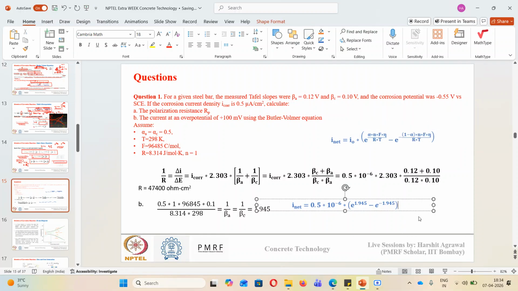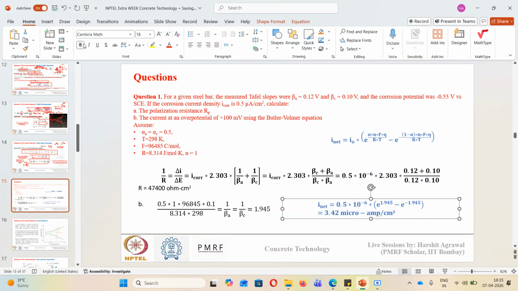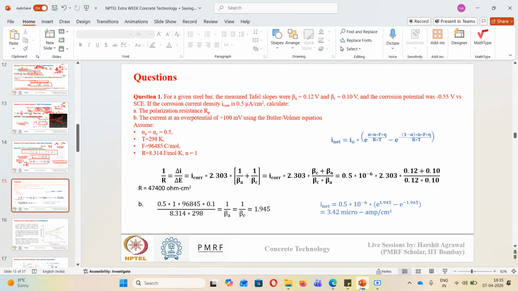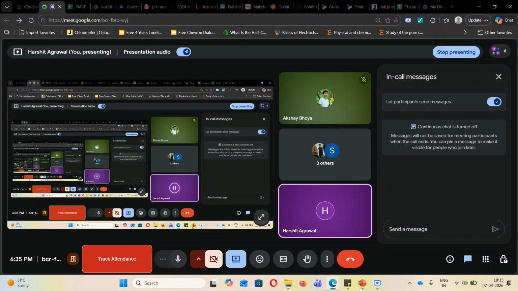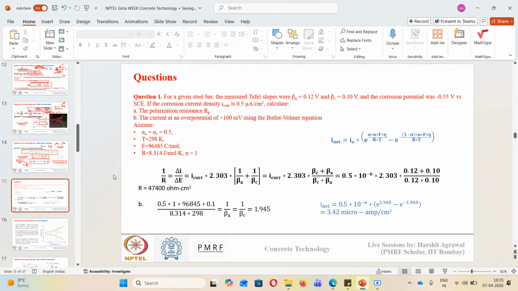So at this stage I net will be coming out to be 3.24 microampere per centimeter square. Okay, so this is how we apply the Butler-Volmer equation if we know the different parameters. I hope this question is clear. Any doubt in this question?